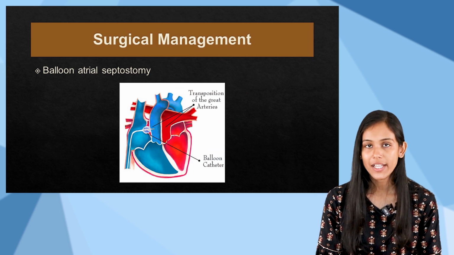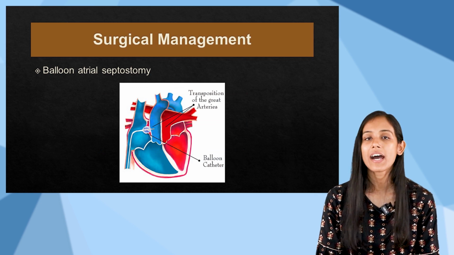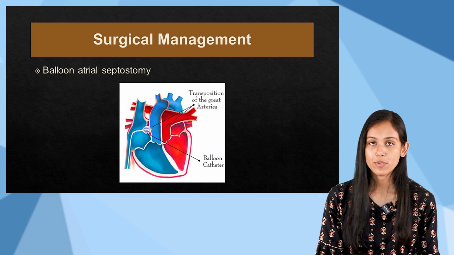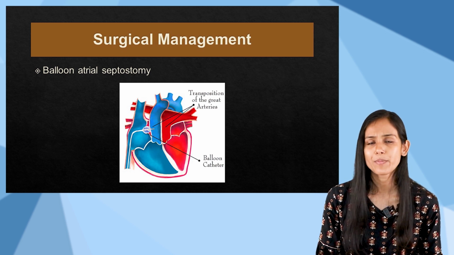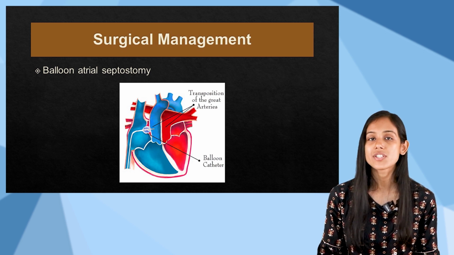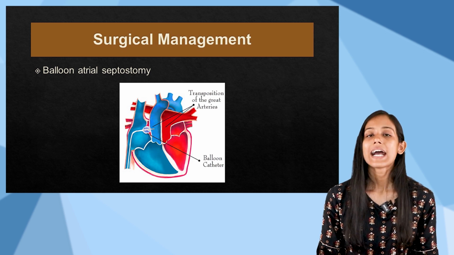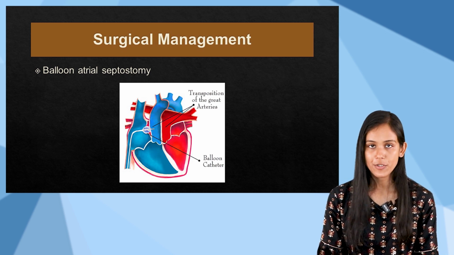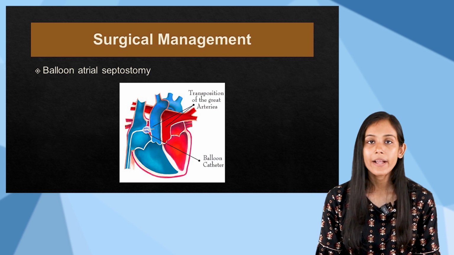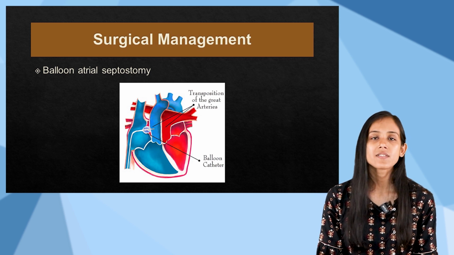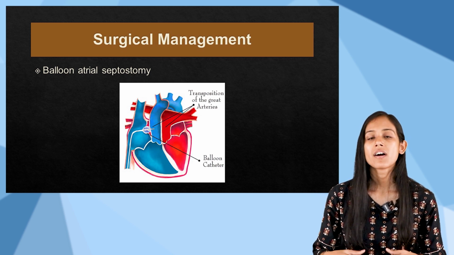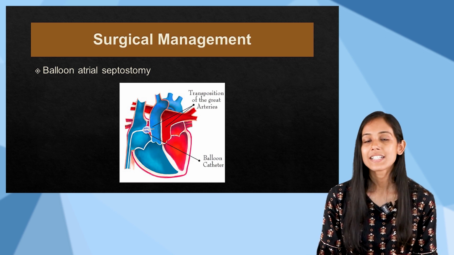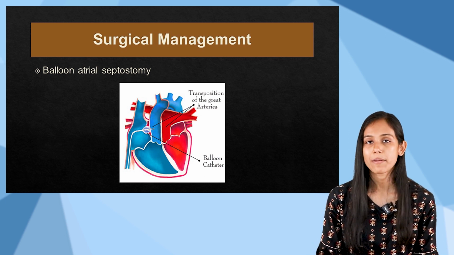And then the surgical management. In surgical management, we have balloon atrial septostomy. This is done to enlarge the foramen ovale, and this is done for a temporary purpose. So this cannot help the child in the long term. This would just help in mixing of blood till the time permanent surgery can be performed.